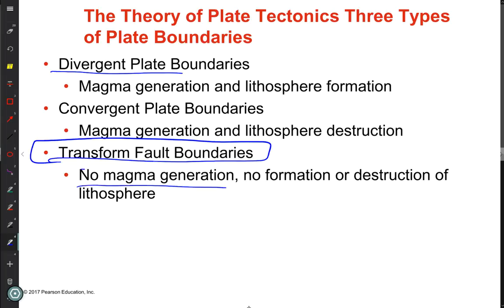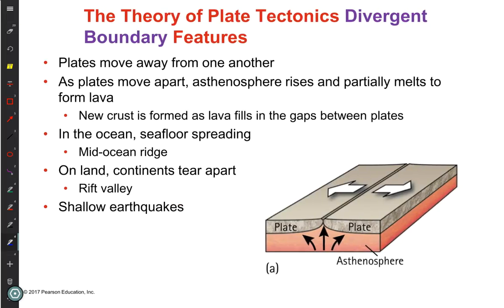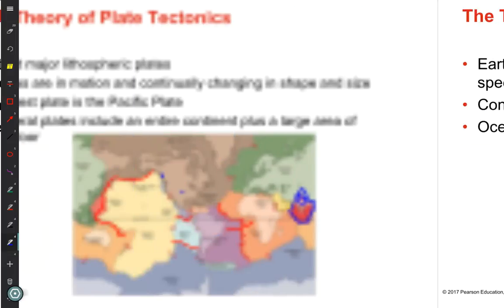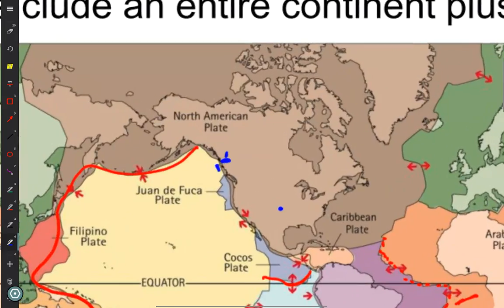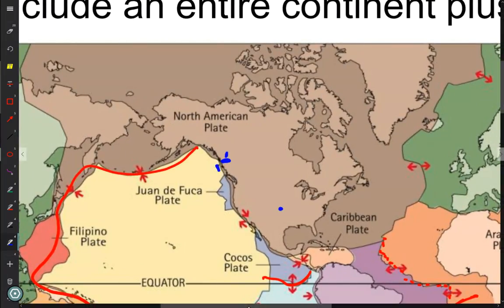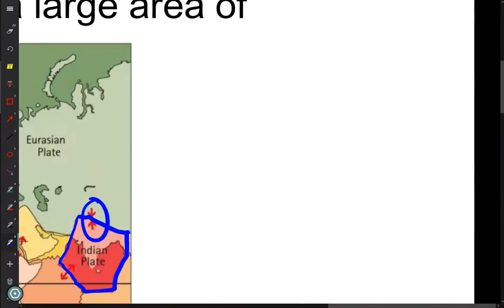So no magma generation, no formation or destruction of lithosphere, except for when you have earthquakes. So right now we don't have any active volcanoes in California. Yay. They do up in Washington, right? Because you have this Juan de Fuca plate that is, I think it's doing something like that.